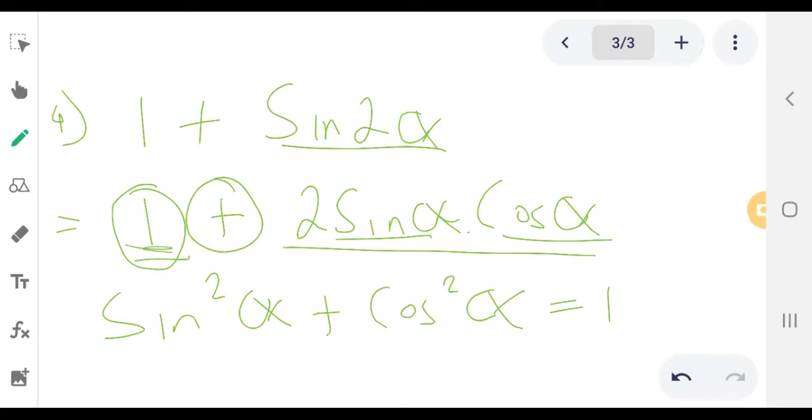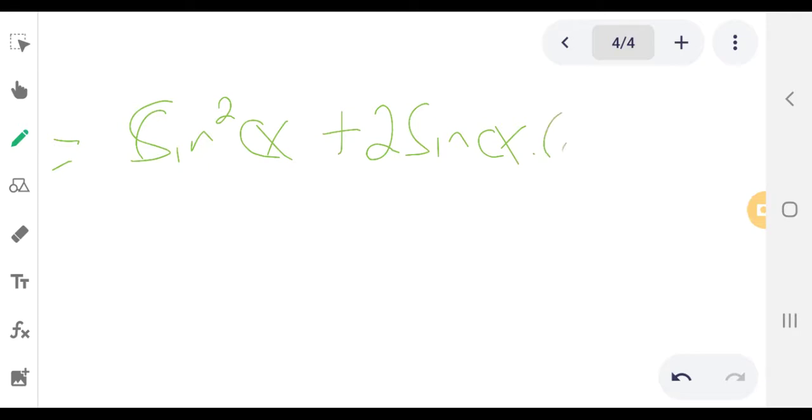So instead of writing 1, I can write sine squared of alpha plus cos squared of alpha. Then this will give me something that looks like this: the sine squared of alpha plus 2 sine alpha multiplied by cos alpha plus cos squared alpha.